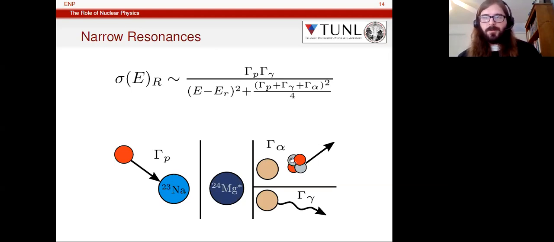Then there's some probability of decay into alpha particles or de-excitation due to gamma rays. All these probabilities are multiplied together in the cross-section. It's dependent on which excited state in the compound nucleus was responsible for the resonance, and these all form the resonance cross-section. This is the heart of what we need to study in the lab: these proton partial widths and the energies of the resonances.